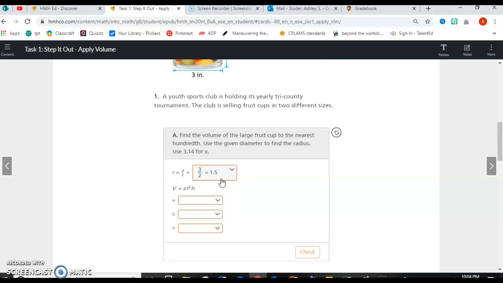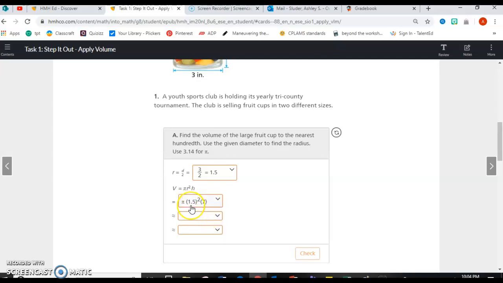And now I have all the information I need to plug into my formula for a cylinder. Volume equals pi radius squared times height. Volume equals pi, radius is 1.5 squared times height. But we don't square the height, so it can't be that one. It has to be the second one.